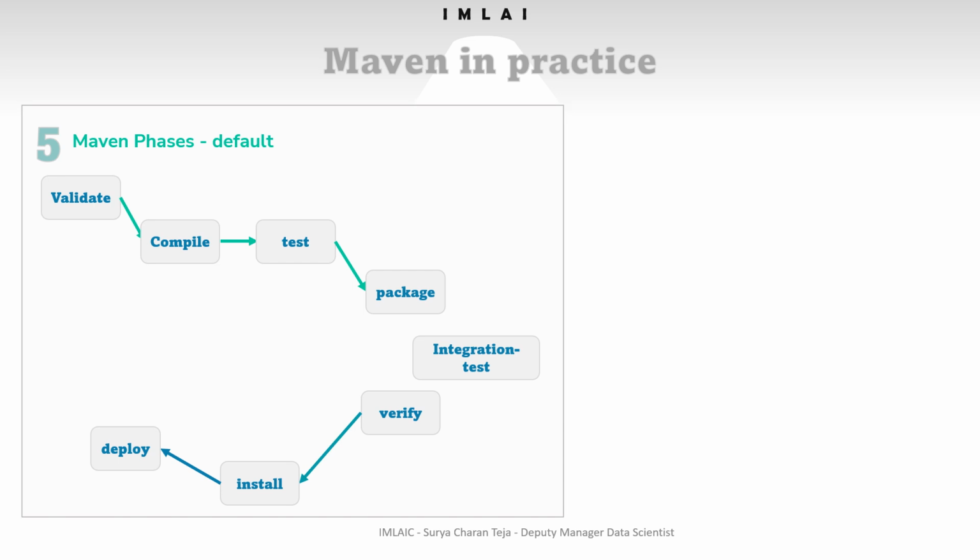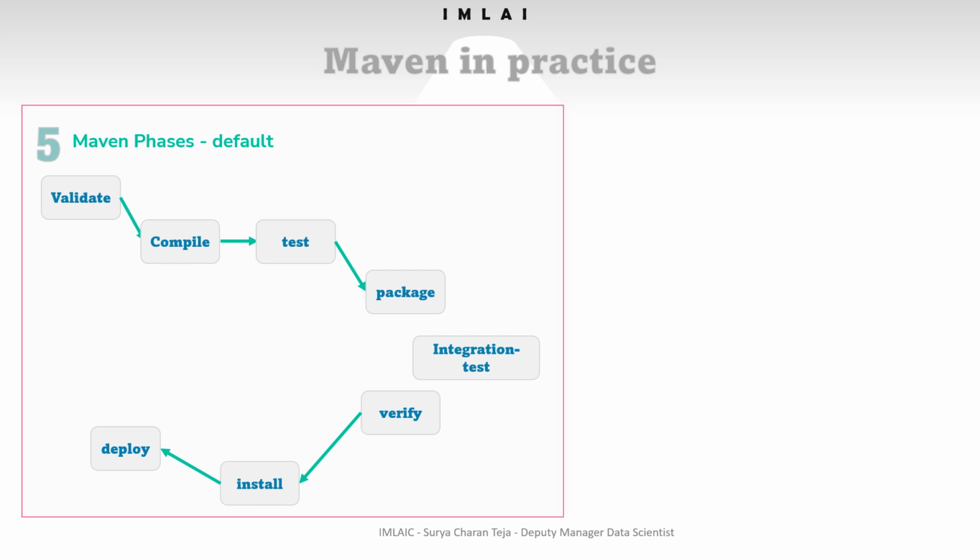Then we will go for the install phase, install the package into the local repository for use as a dependency in other projects locally. Then the final one, deploy. So done in an integration or release environment, it copies the final package to the remote repository for sharing with other developers and projects.